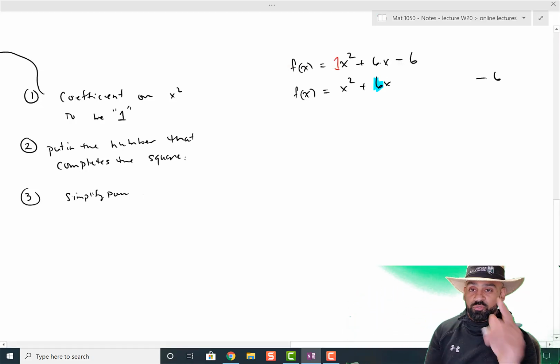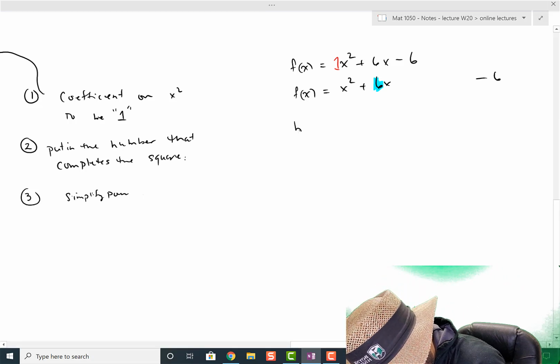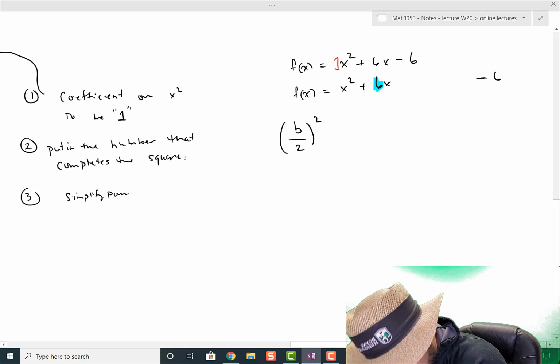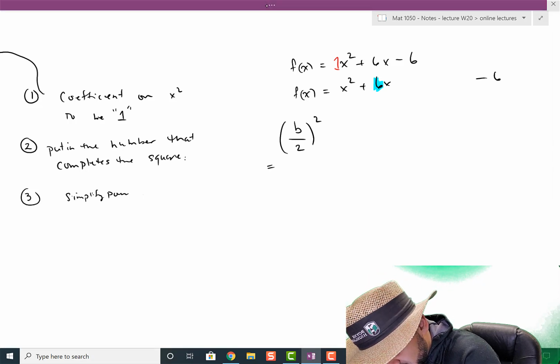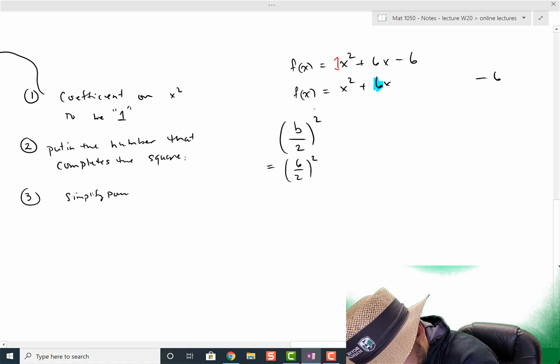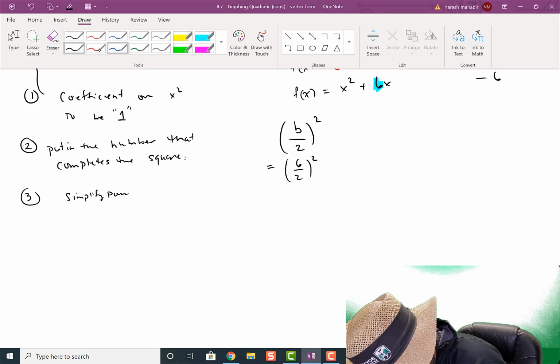Okay? So now we're still going to do the same thing. We're going to take the b here, divide it by 2, and then square it. But I want you to keep track of a few things for me. When we take the b, which was 6, and divide that by 2, effectively what we end up with is 3.